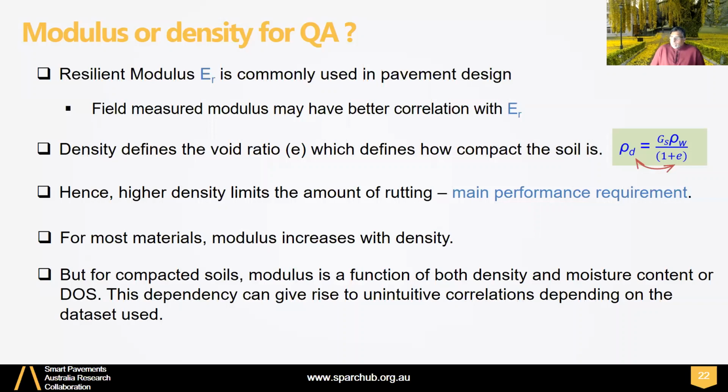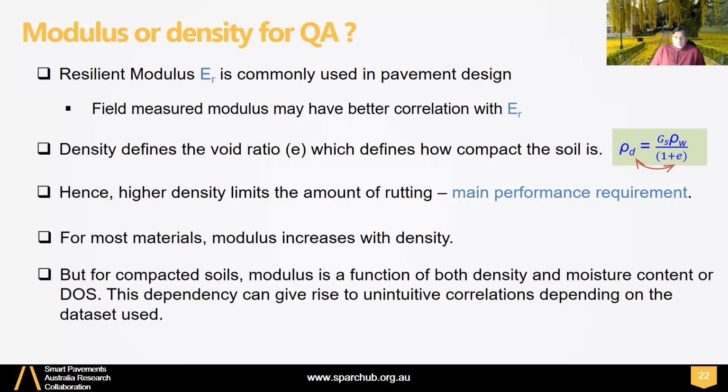instead we see a positive correlation. Sorry, I think dry density is normally used, but you are telling bulk density, right? The normal density is bulk density. Just a shifting of, if you plot the curve, like a compaction curve, normally it is plotted with dry density against moisture content, right?